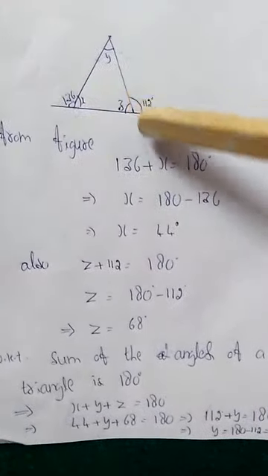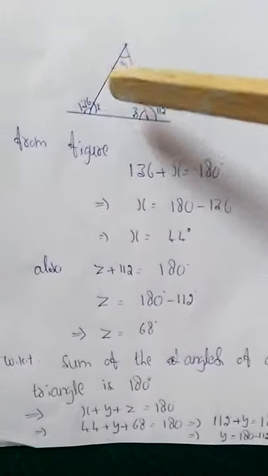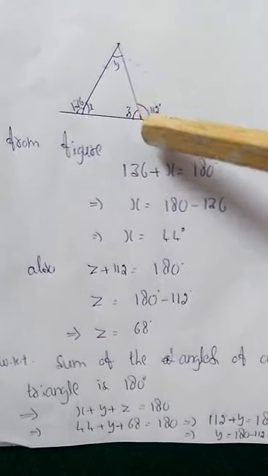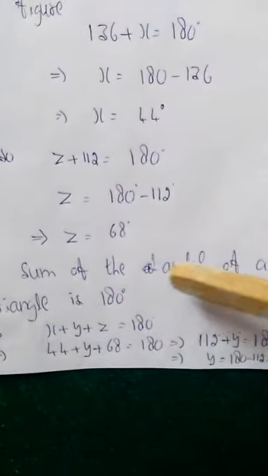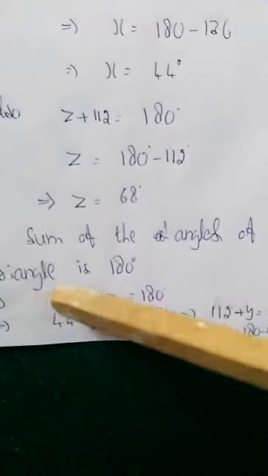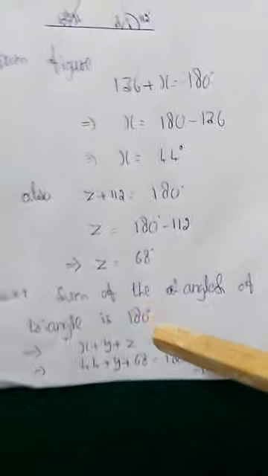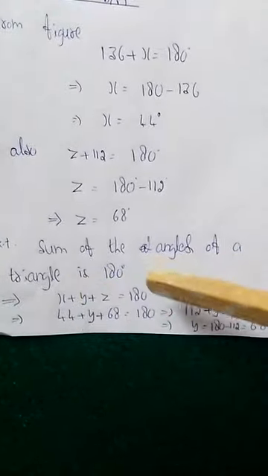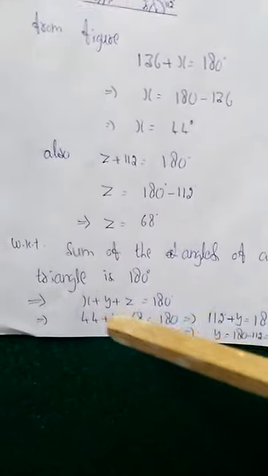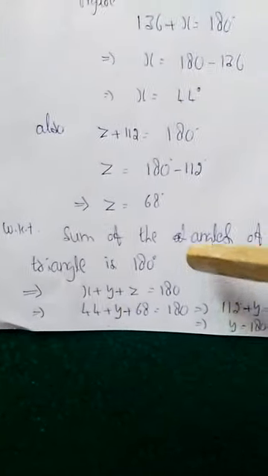Now in this triangle, I told x, y, z are interior angles. According to the angle sum property, we can say the sum of the angles of a triangle is 180 degrees. That means x plus y plus z is equal to 180.